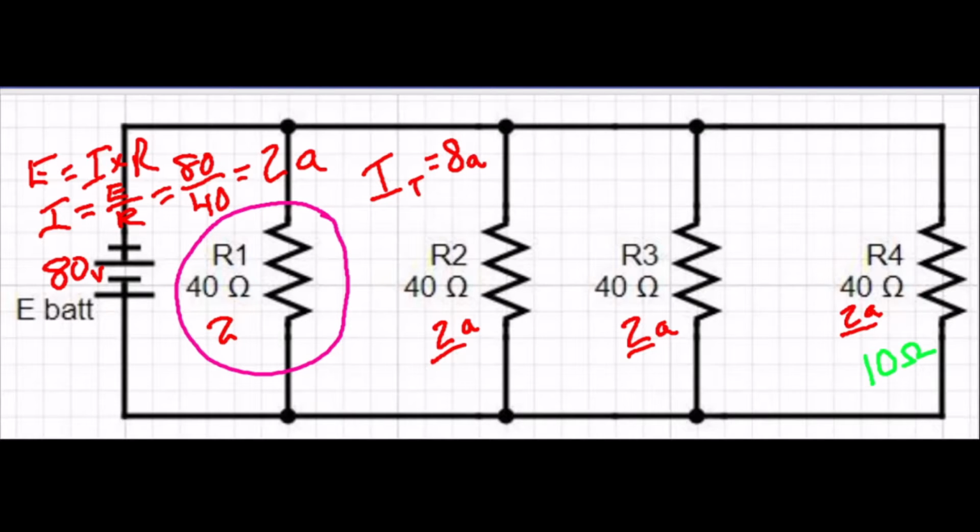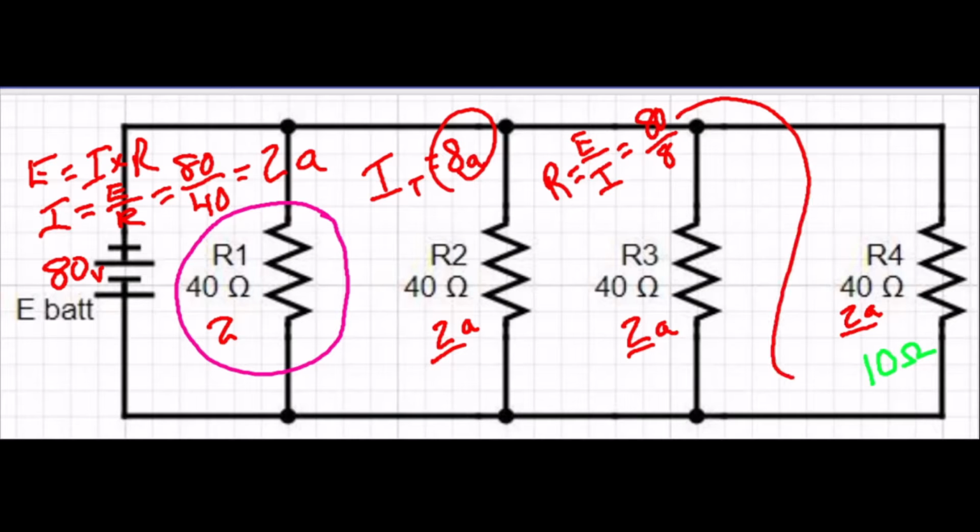We're now going to solve for R. So I'm going to say that R equals E divided by I. So R is going to be equal to 80 divided by I, which is 8, which is, how about that, folks? It comes out to 10 ohms. That's the equivalent resistance.